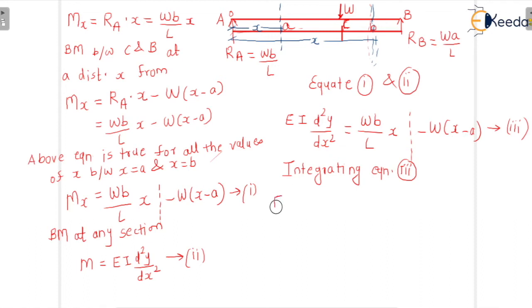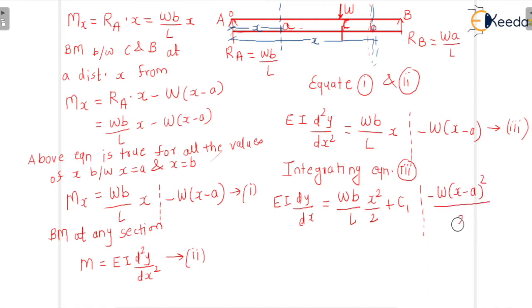So after integration, EI dy/dx is equal to W b/L x²/2 plus the constant of integration, then the dotted line, then (x − a)²/2.